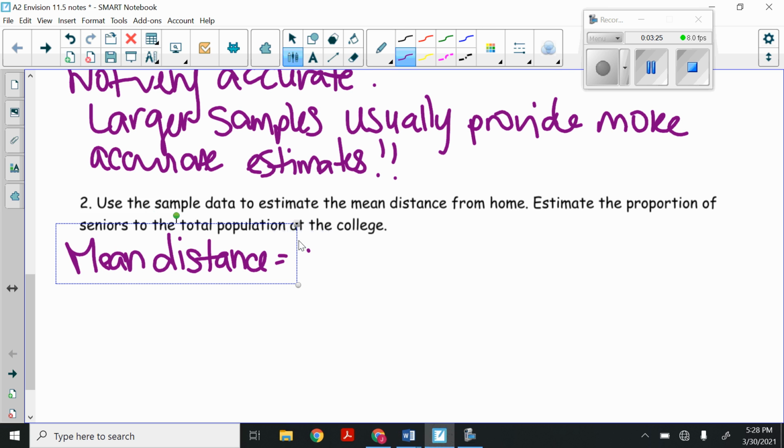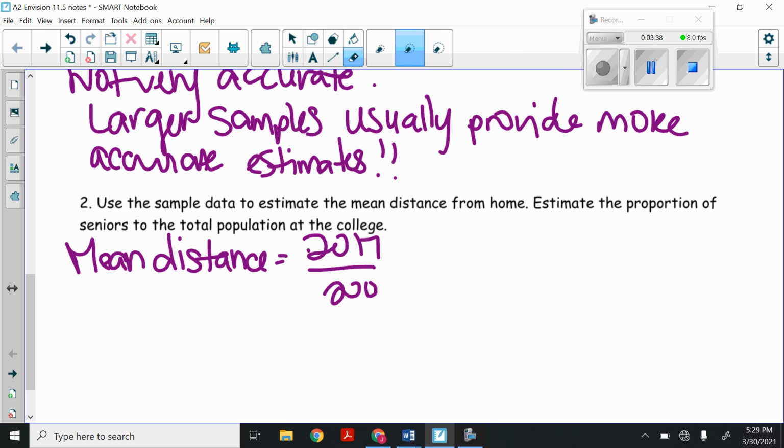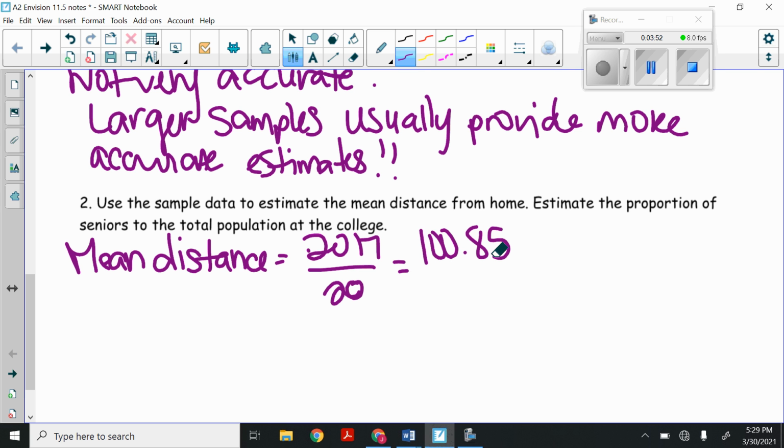When we do that, we get 2017, divided by how many total? There are a total of 20. We had 20 people in there. Sorry. So 2017 divided by 20 gives us 100.85. And this was in miles. So there's our mean distance.